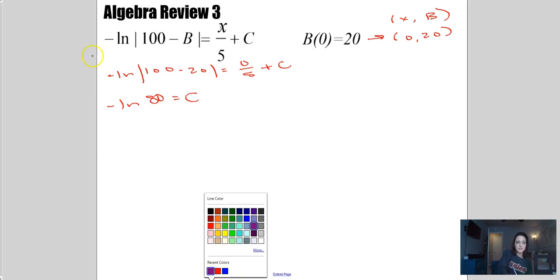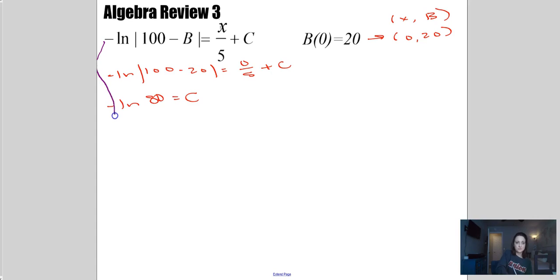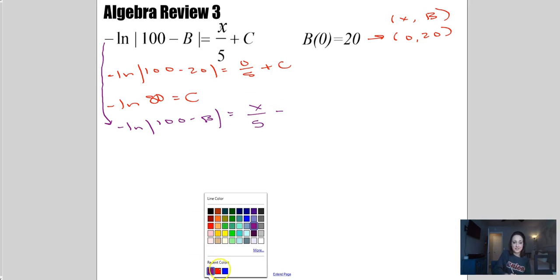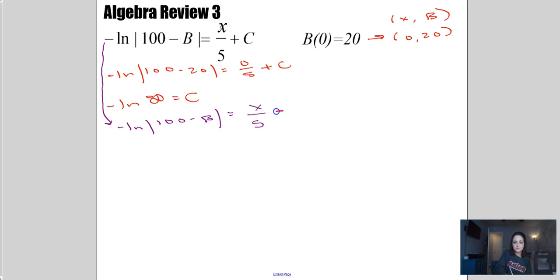I found C. Now come back to your original and rewrite that. So ln of the absolute value of 100 minus B is equal to x over 5 plus C, which is a negative ln of 80.